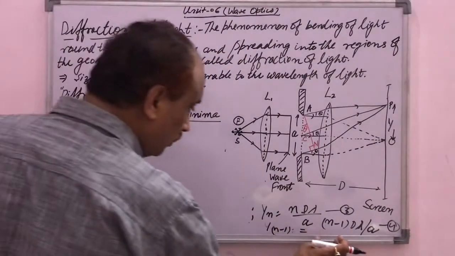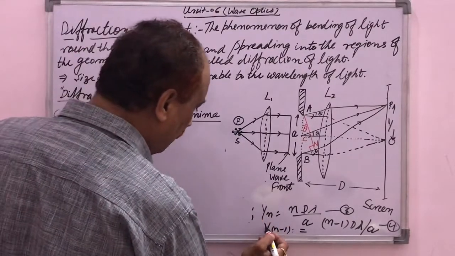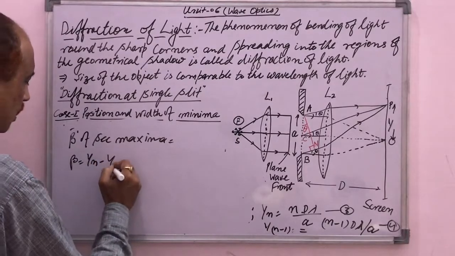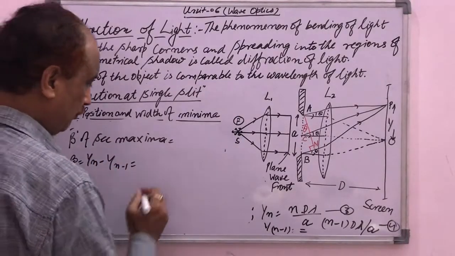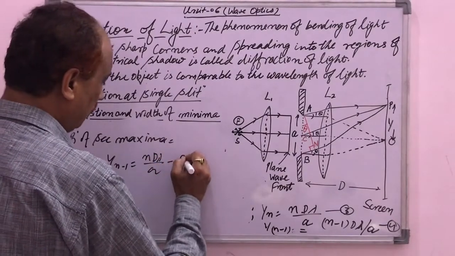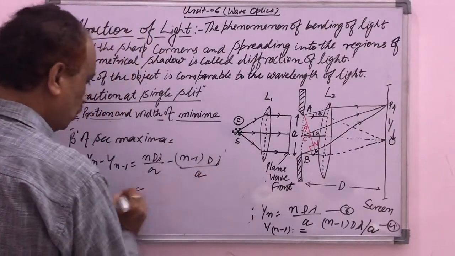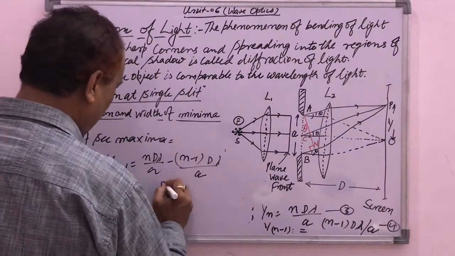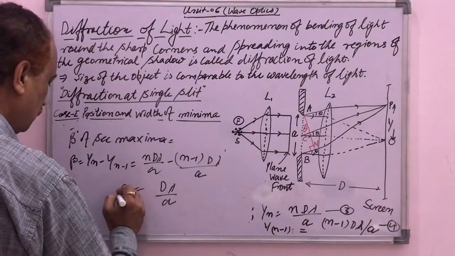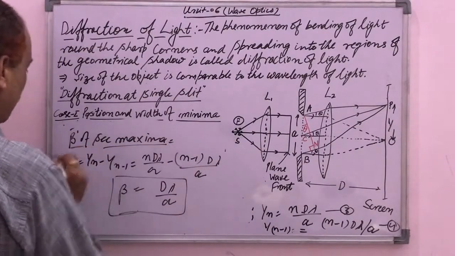We know the conditions for the two secondary minima, yn and yn minus 1. So beta will be equal to yn minus yn minus 1, we find the difference between them: n D lambda upon A minus (n minus 1) D lambda upon A. So we will get the formula, D lambda upon A, n cancels by n, and that is equal to beta, and this is the width of the secondary maxima.